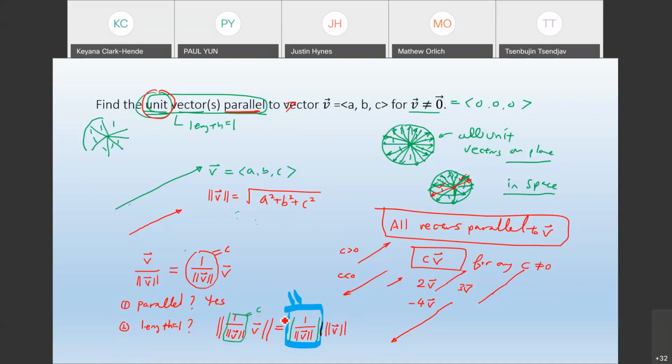What do you know about the magnitude of this guy? It's always positive, because I said c is not 0. What is the absolute value of a positive number? Itself, isn't it? So we don't need an absolute value, because this guy is positive.